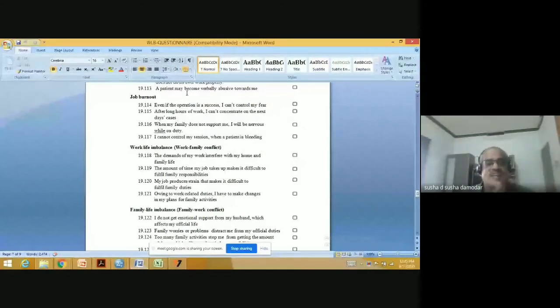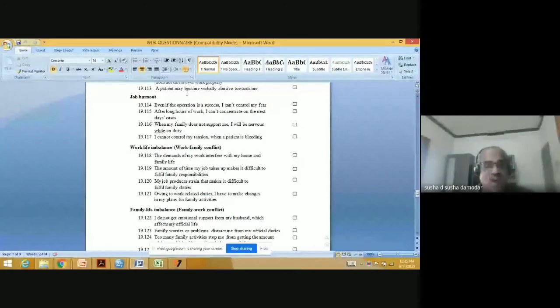What is the dependent variable here? The dependent variable is work-life imbalance. Job burnout is the independent variable, the reason. Cause and effect relation. What is the effect here? Work-life imbalance. What is the cause? Job burnout. So what is the hypothesis here?